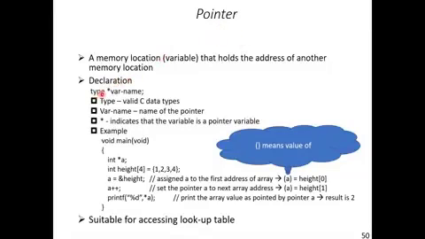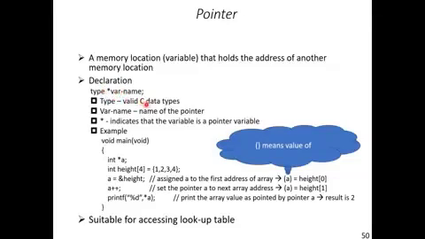And this is how we declare a pointer: type, then star, then the variable name. This is the name of the pointer. You need to put a specific name for the pointer when you want to program something that involves pointers.